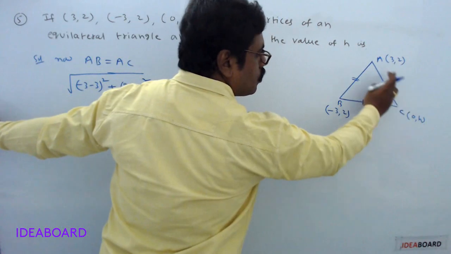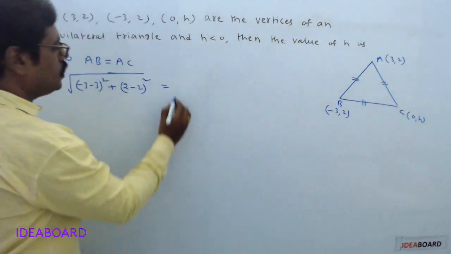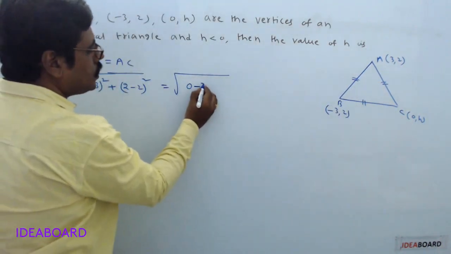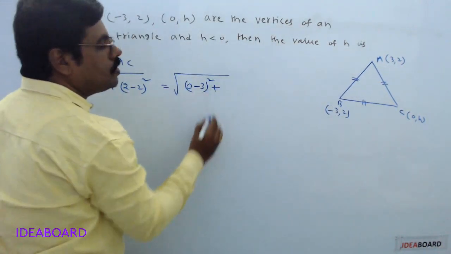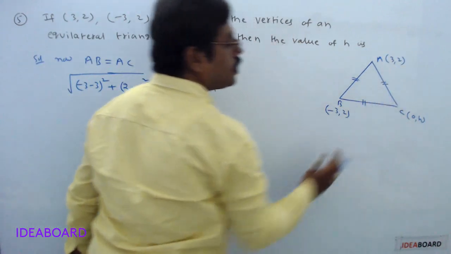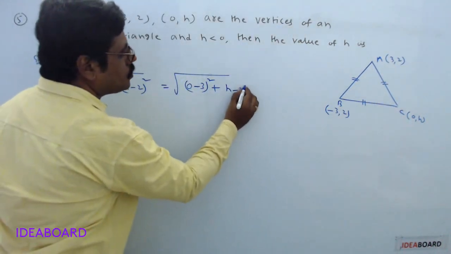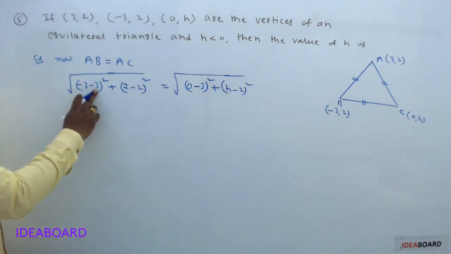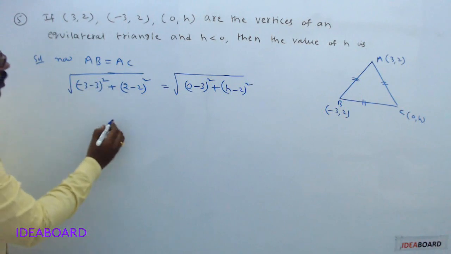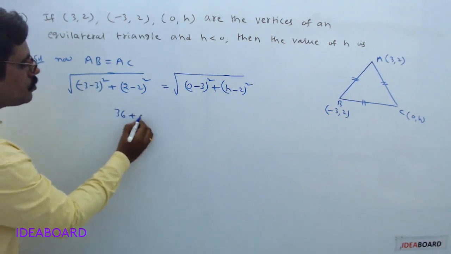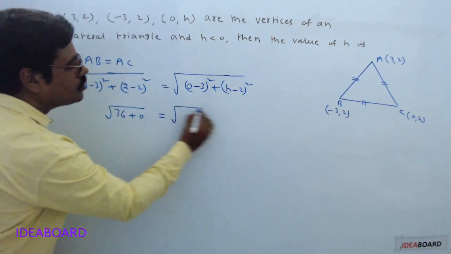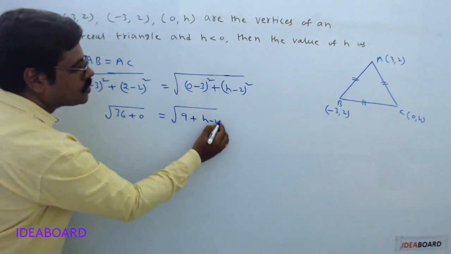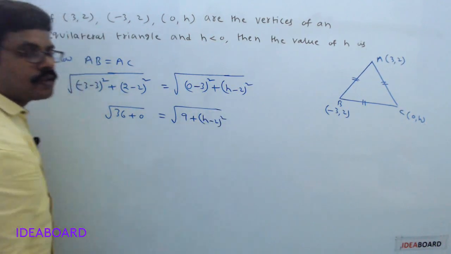Again, apply the distance formula on A and C: the square root of (0 minus 3) whole square plus (h minus 2) whole square. Now this is (-6) whole square, that is 36, plus 0, equals the square root of (-3) whole square, 9, plus (h minus 2) whole square.